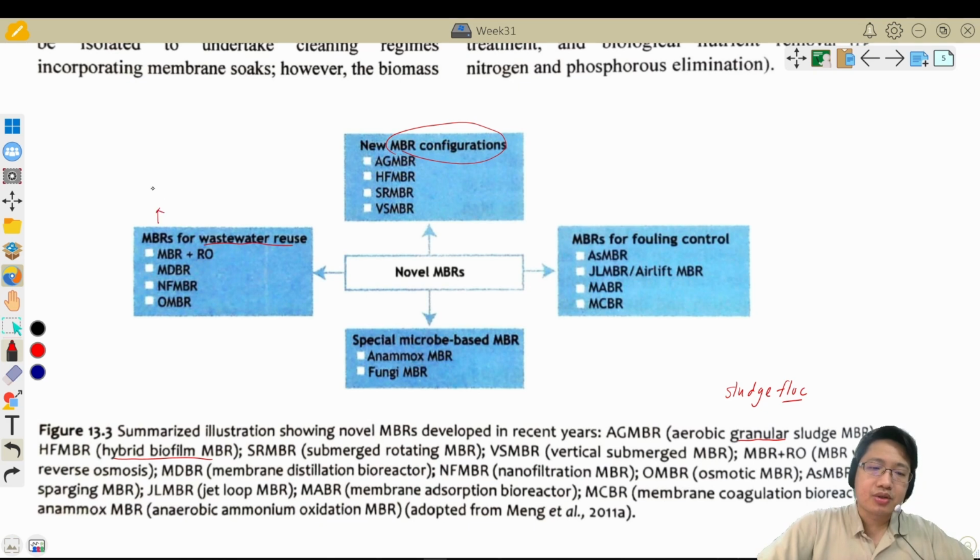The MBR here, we know, is like MF and UF. So you just separate solid and liquid.